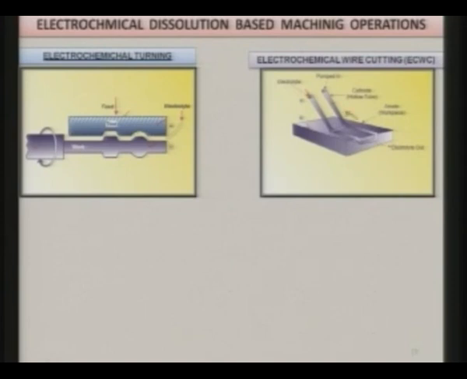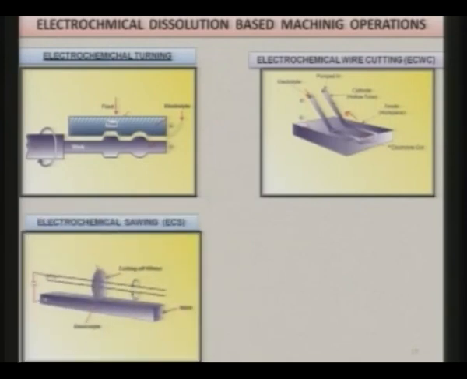So, it is removing this workpiece material as if it is wire cutting, although it is a tube; in place of the tube you can use a wire. So, it will become electrochemical wire cutting and the rate at which it is cutting or shaping the workpiece is much higher than any other process. And here an important point is this part you can reuse, or rather you can use it for some other purposes.